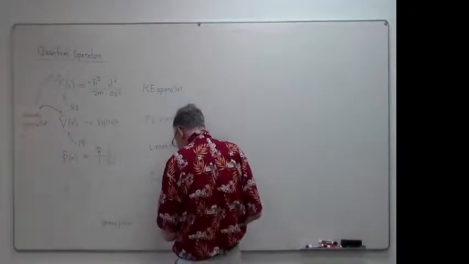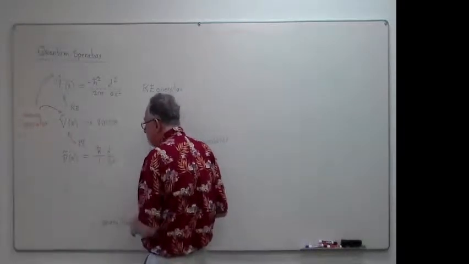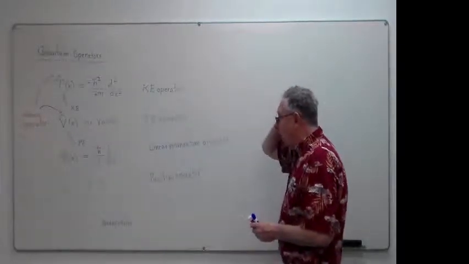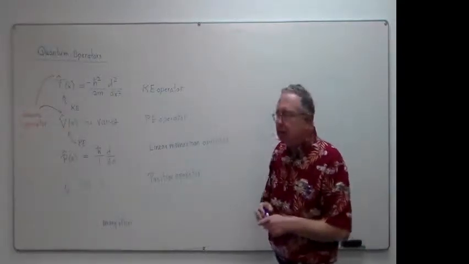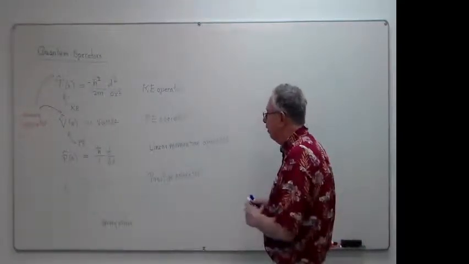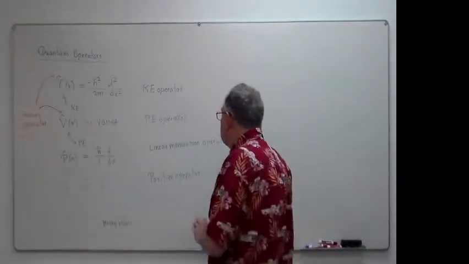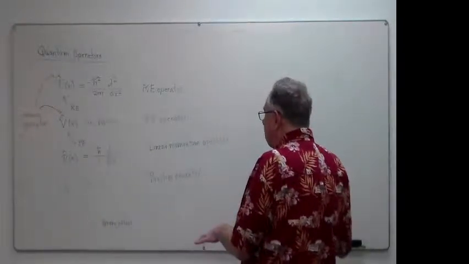So this is just a few of the most important ones. We have the angular momentum operator, r cross p. We have all sorts of other operators, but we want to work with these.